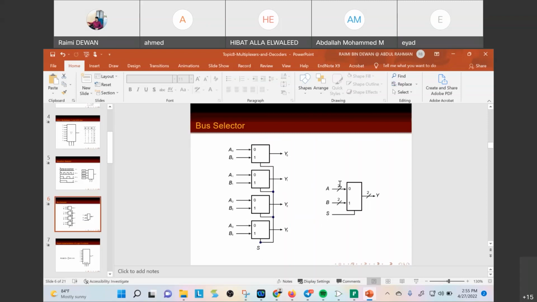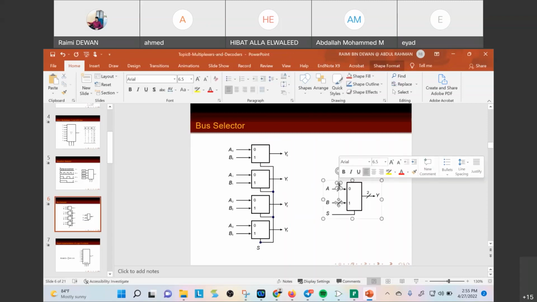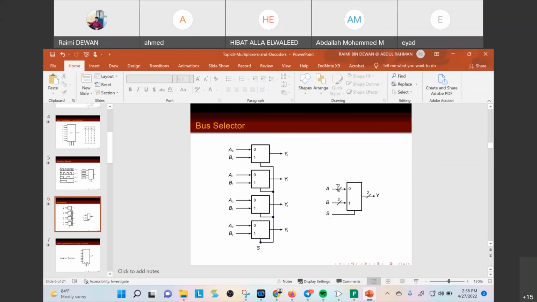There is an error here. This one should be 4. No, this one should be 4. This one also should be 4. It means four inputs. Oh my god. Wait. You see, this one is very disturbing.